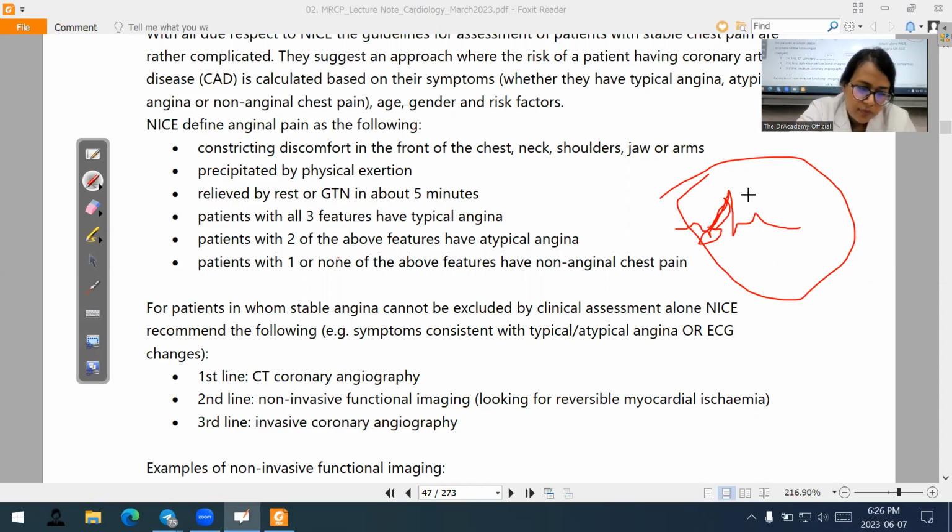You are the medical senior health officer on call in a busy tertiary hospital. It is 2 a.m. and you get called to see a 75-year-old gentleman in the CCU. The nursing staff tell you that 2 days ago, he underwent percutaneous coronary intervention with two drug-eluting stents to the right coronary artery.